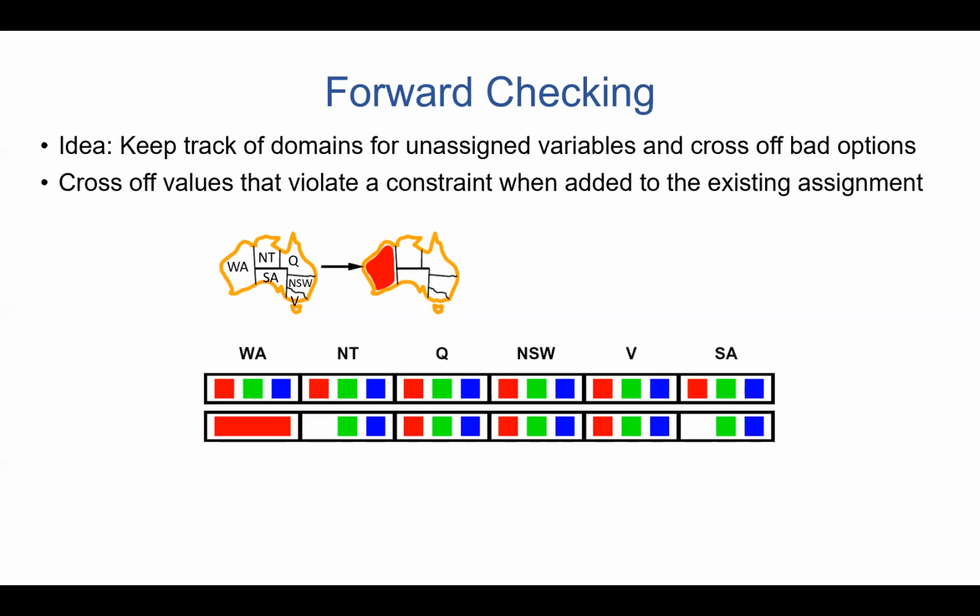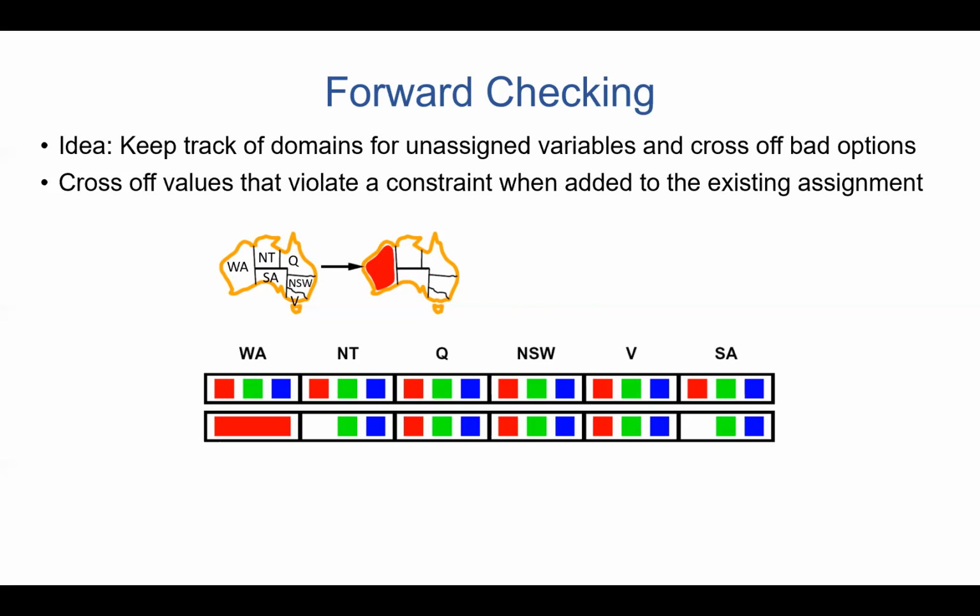So at that point, you say that you have assigned the value red to Western Australia and cross off the bad options. By crossing off the bad options I mean look at its adjacent states, Northern Territory and Southern Australia, right? If Western Australia is assigned the color red, then Southern Australia cannot be assigned the color red, and Northern Territory cannot be assigned the color red. So we have just removed this color from their domains. Okay, great.